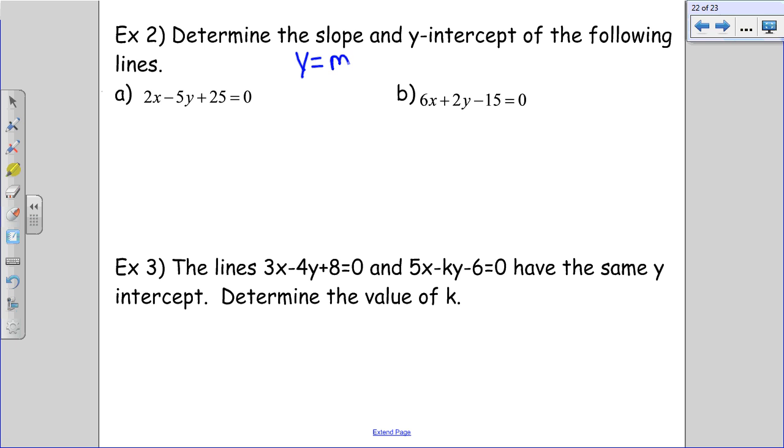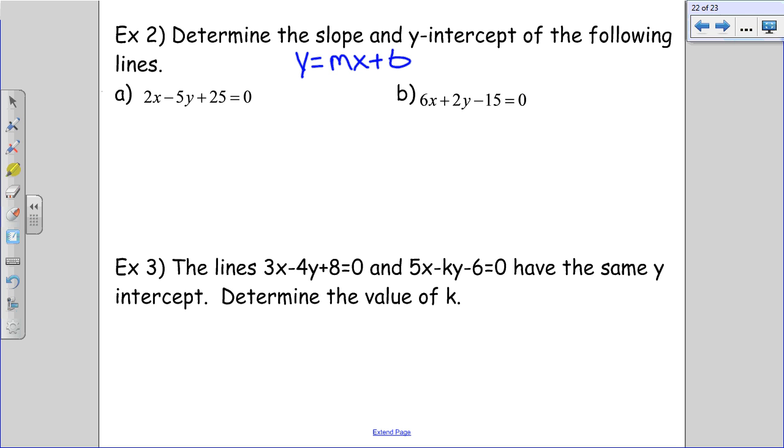When I look at my questions, they're not in slope-intercept form. Those questions are in general form. General form tells us absolutely nothing. Does not help us. What does help us is slope-intercept form. So we're going to convert from general to slope-intercept form. Even though the question doesn't say convert, we're going to convert because it helps us answer the question.